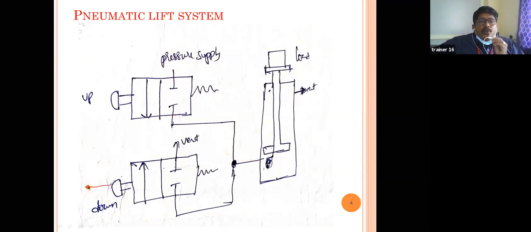Again we push the down button, and the air goes out through the vent to atmosphere, and the load is lowered. So with the help of push buttons, we can lift the load up, and similarly we can lower the load.